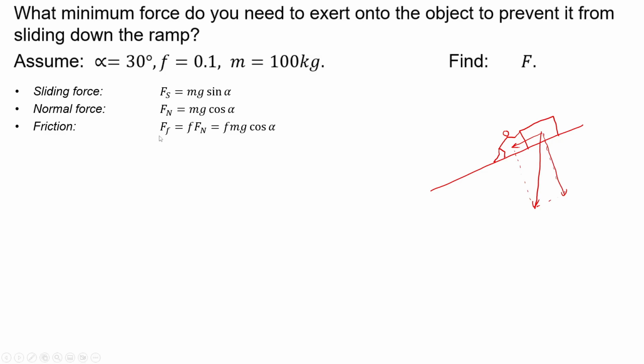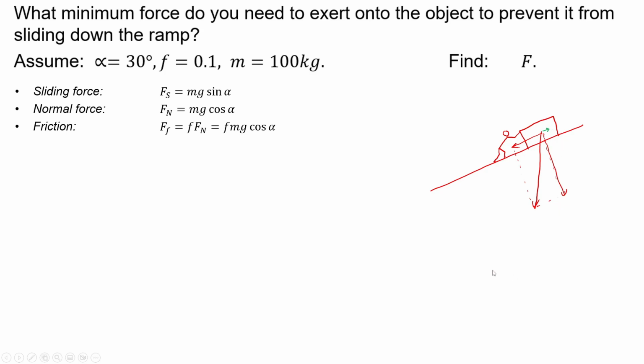And we also have friction, which is f mg cosine alpha, normally pointing upwards. I will change the color to green, which is how I usually draw friction. So this is the friction.